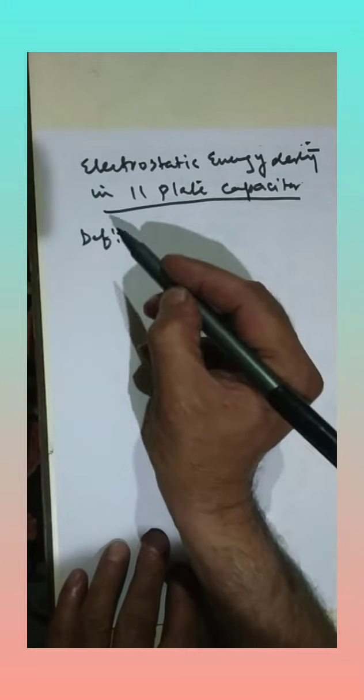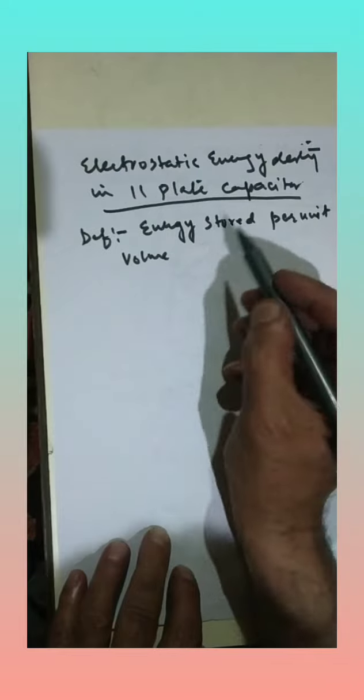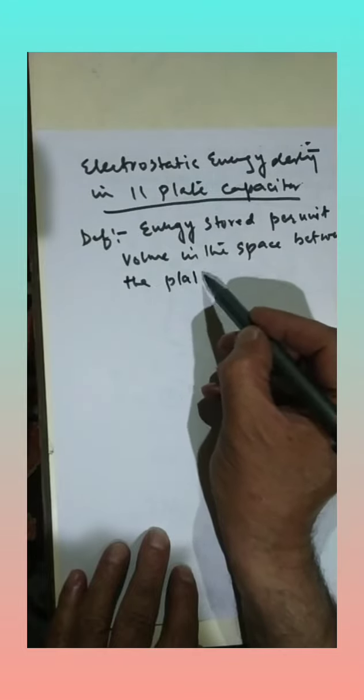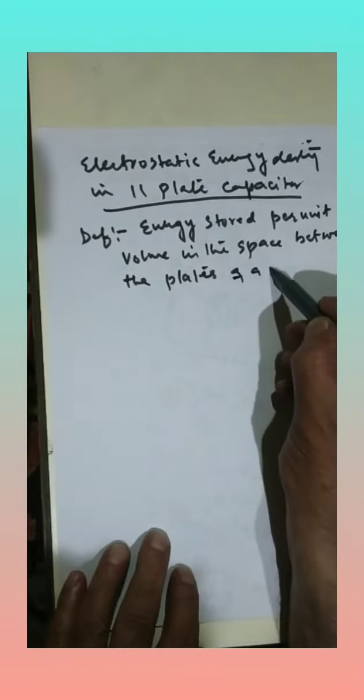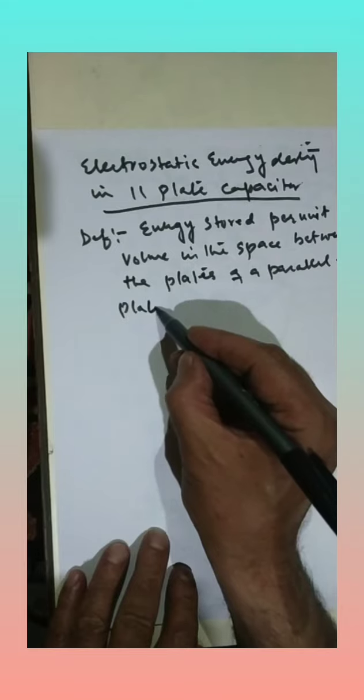Definition: energy stored per unit volume in the space between the plates of a parallel plate capacitor.